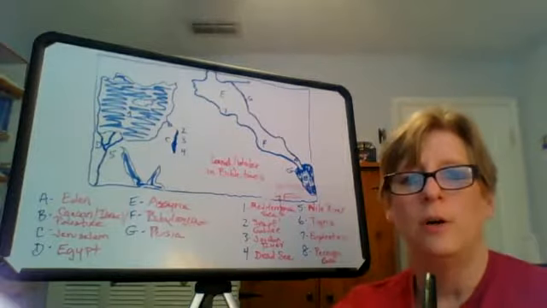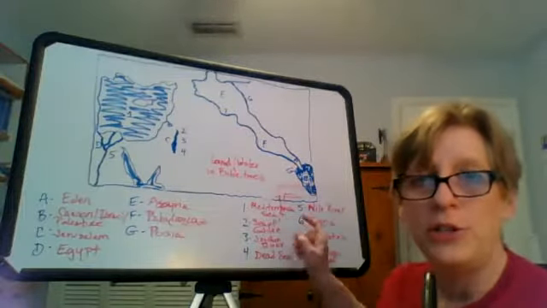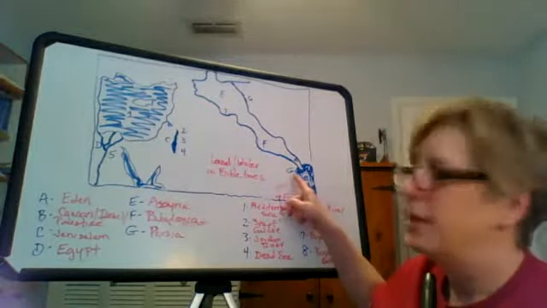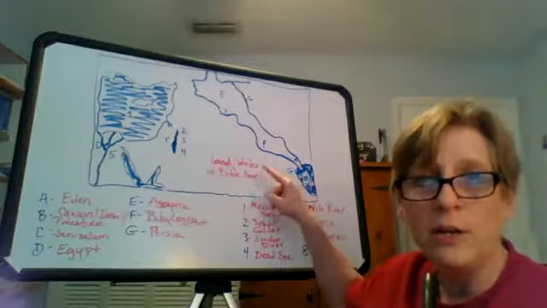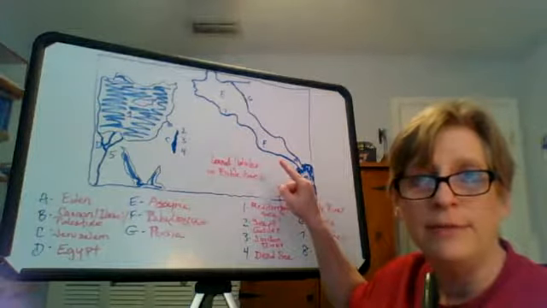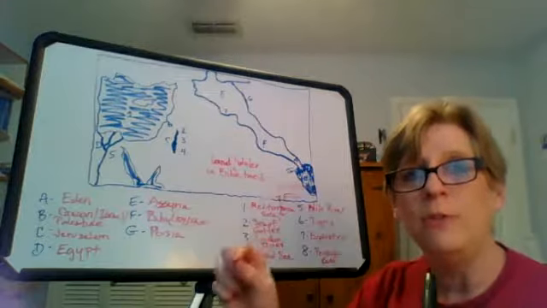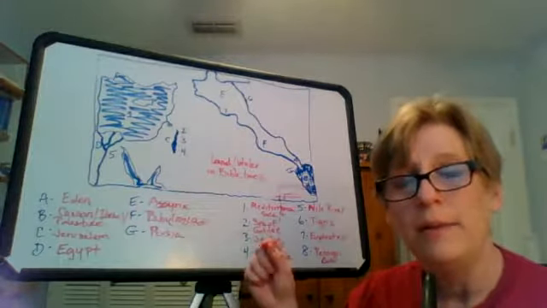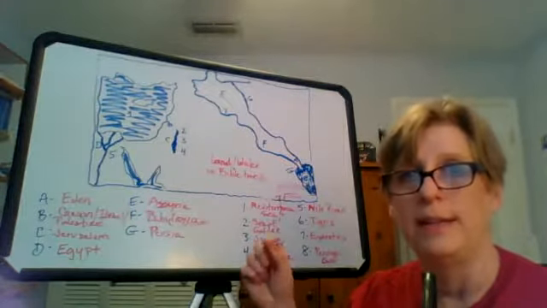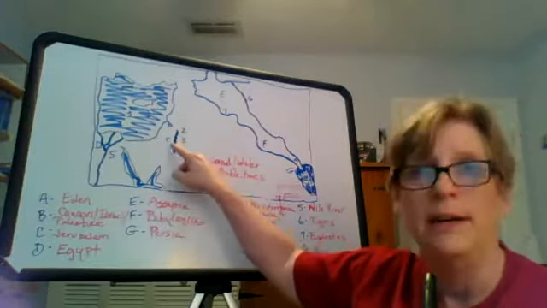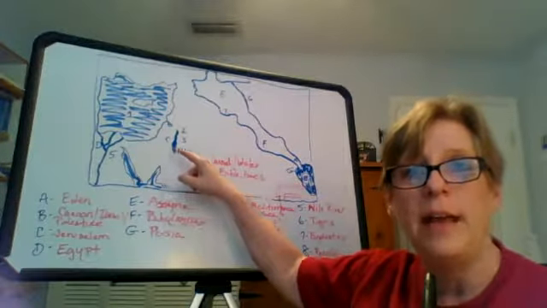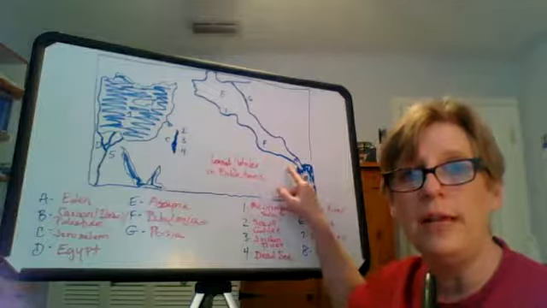Okay, so Persia down here at G conquers Babylonia, F, and the Israelites that had been exiled from the Promised Land over here, brought all the way over here.